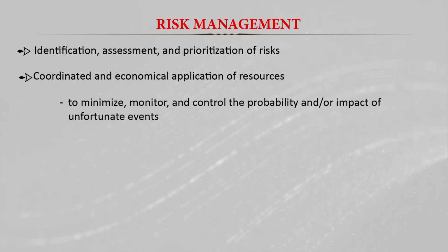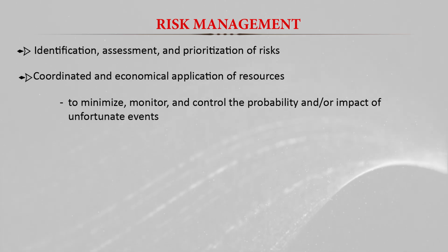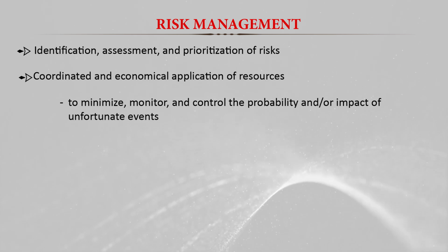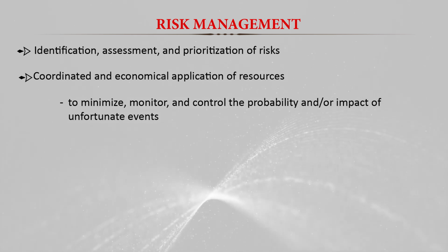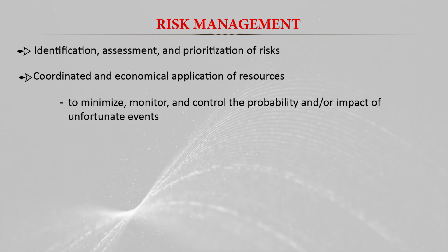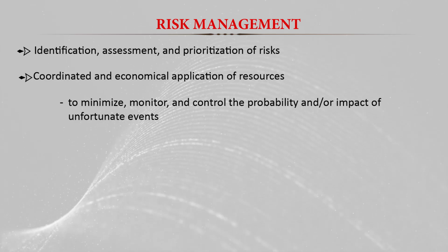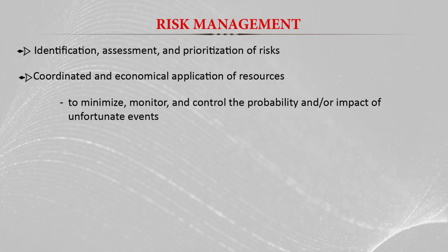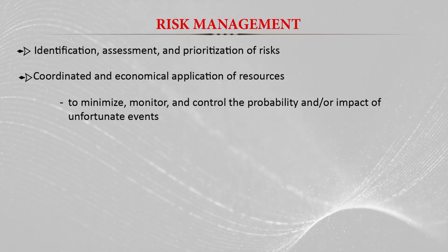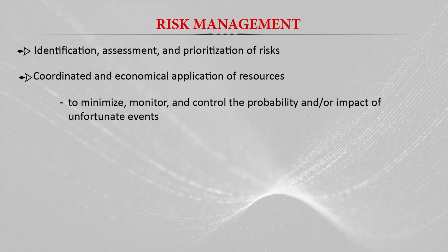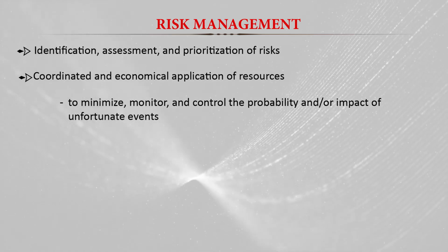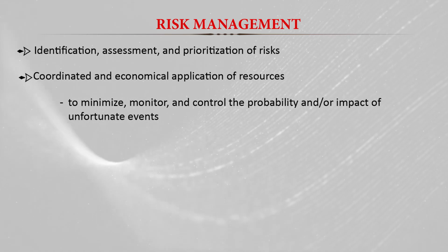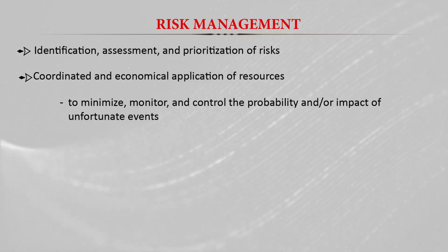So in case of agriculture, sometimes we have crop failures due to pest infestations. So here we need to develop some strategies so that we can minimize the impact of that crop failure due to the pest infestation. We may have diverse crops, diversify our cropping patterns, so there will be loss of only one activity or one crop.